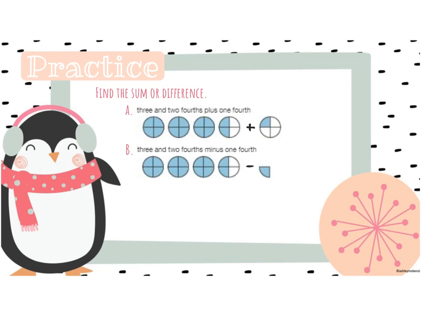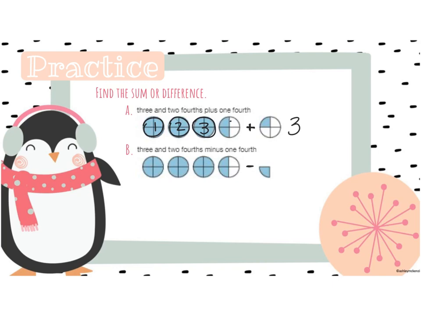Label your answers A and B. Check A. Yes. Okay. So here, yeah, you saw it. I have 1, 2, 3 wholes, and I have a half, but I'm adding 1/4 to it.